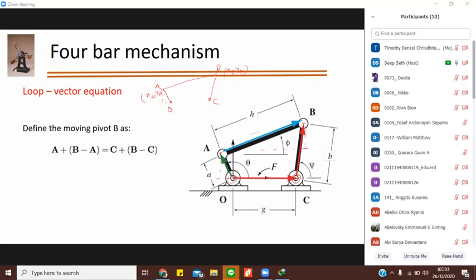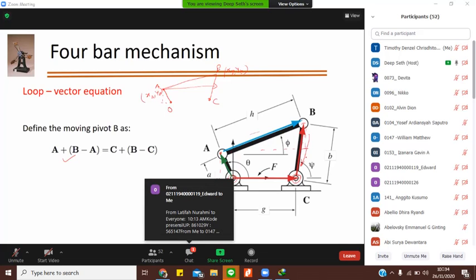What is the location of B? You are pivoting B, just trying to see B from there. A plus this link gives you pivot B. Similarly for C, C plus B minus C, this link.